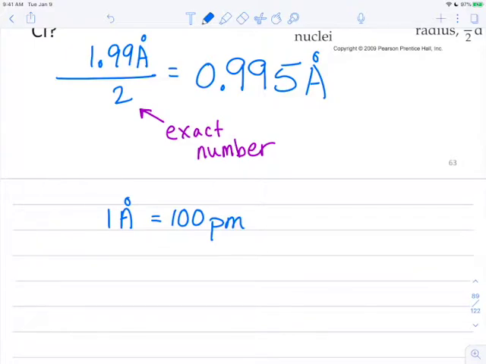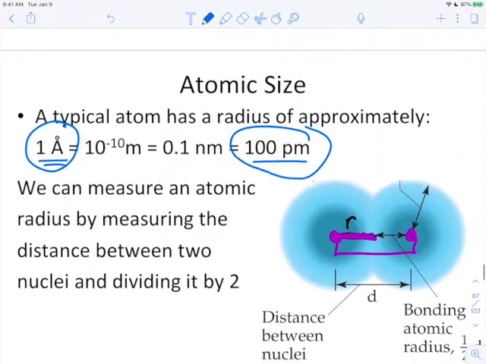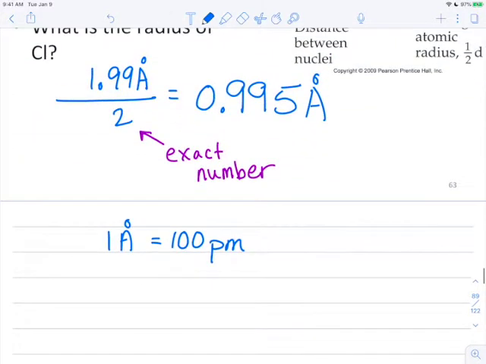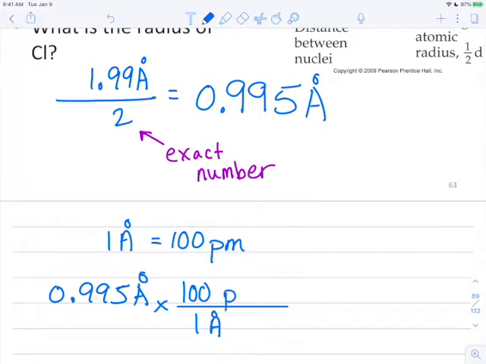So if we did want to convert this into picometers, we would have 0.995 angstroms, and for every 1 angstrom, there's 100 picometers. So it looks like we would have 99.5 picometers, because picometers is actually a smaller unit than the angstroms. Picometers is 10 to the negative 12. So any questions on that one, on that conversion between the angstroms and the picometers?